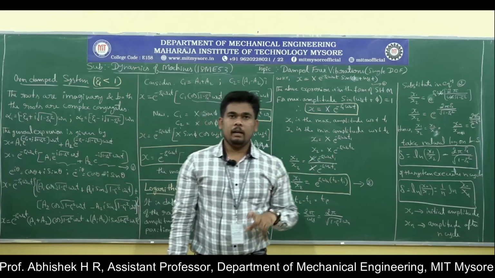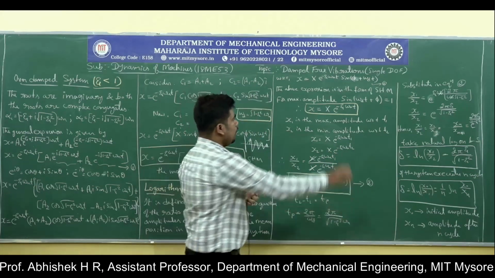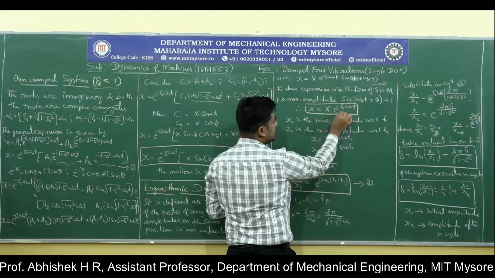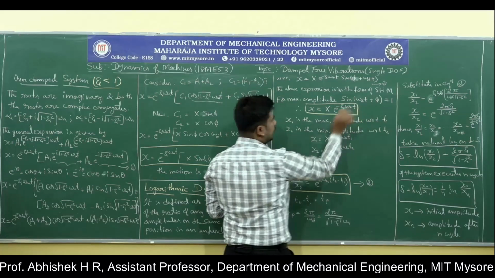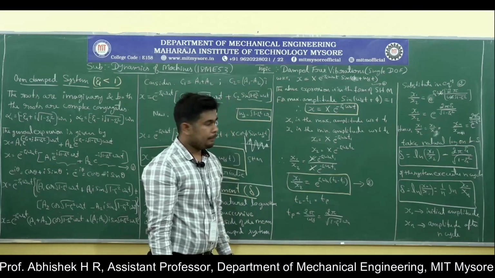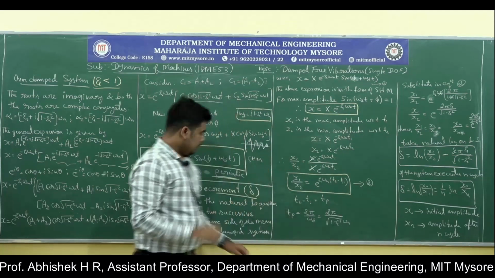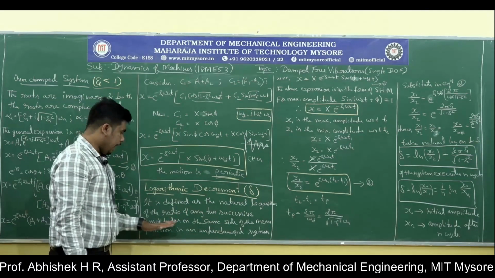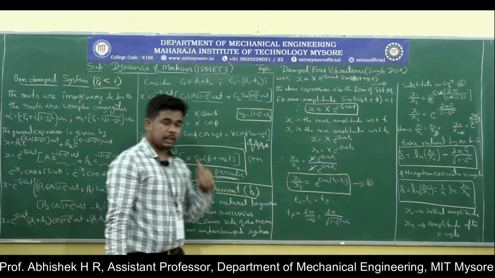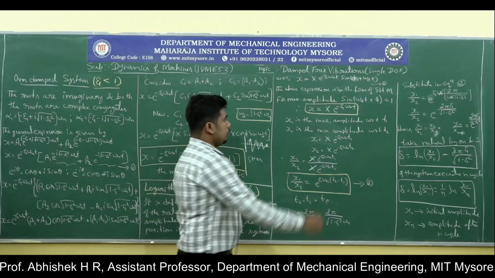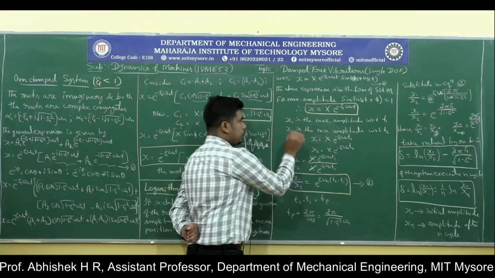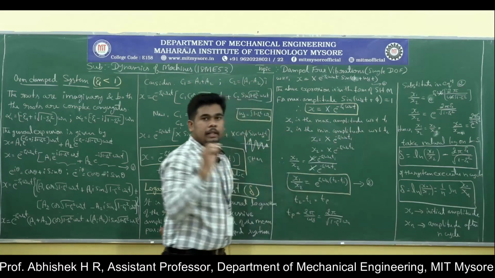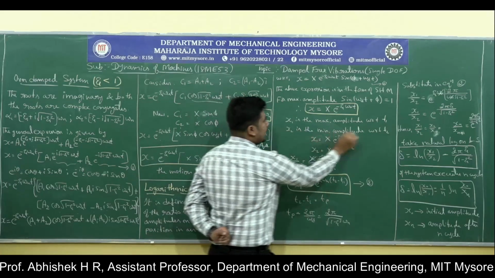Then x will be capital X into e to the power of minus zeta omega n into t. As per the definition of the logarithmic decrement, the ratio of any two successive amplitudes, I will consider x1 and x2. x1 is the maximum amplitude with respect to time t1 and x2 is the next amplitude.